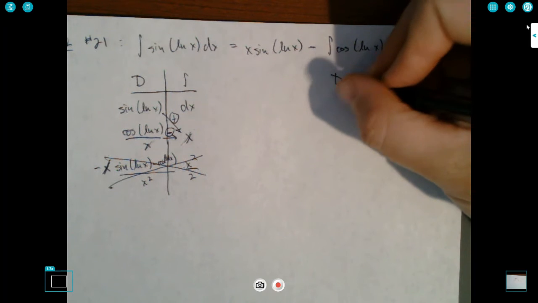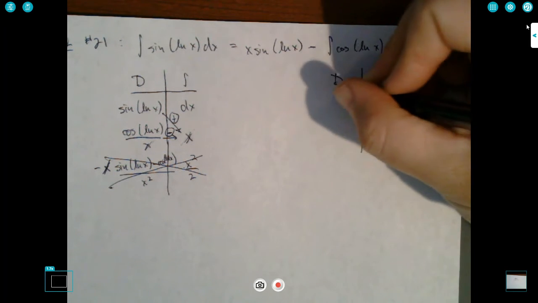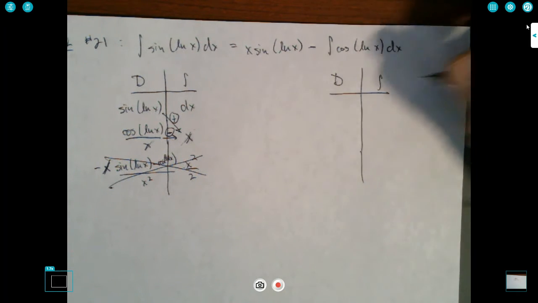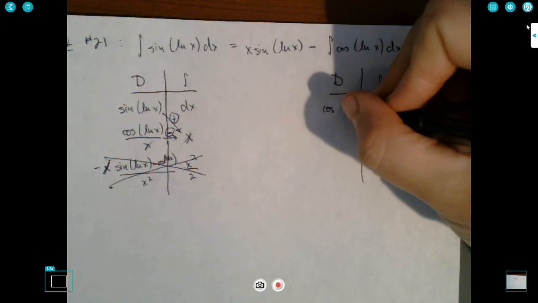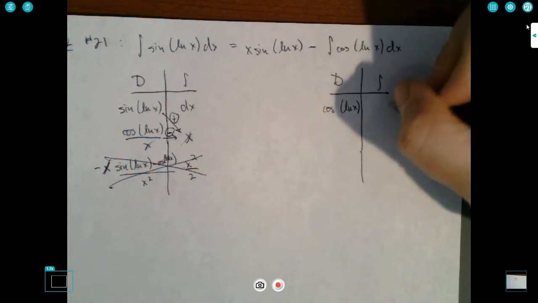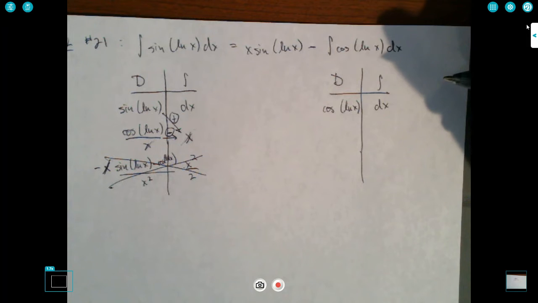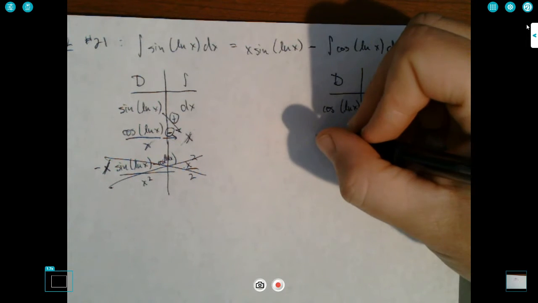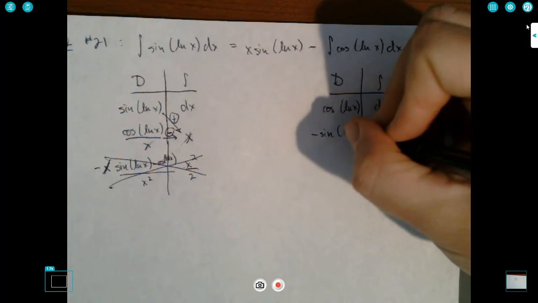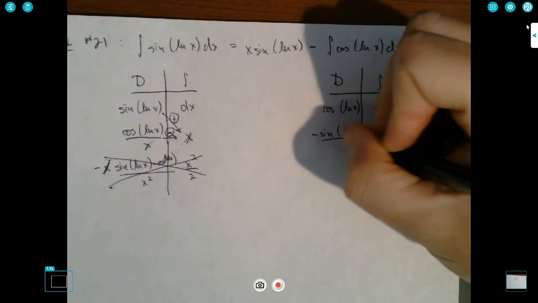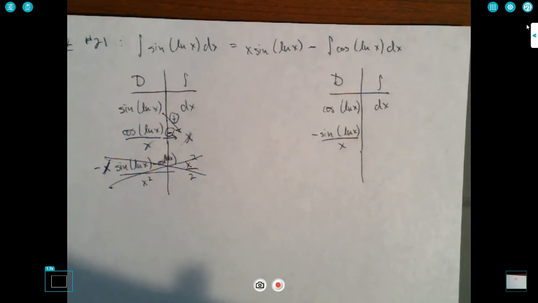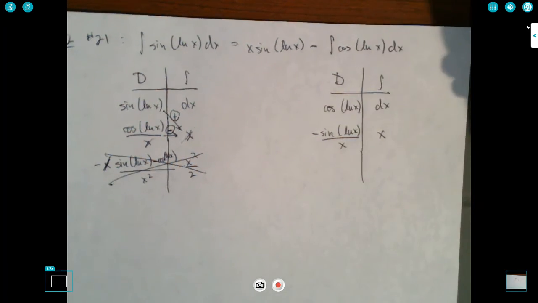So again, I'm kind of forced to have a cosine of ln of x here. And then if I differentiate, it's going to be a negative sine of ln of x times 1 over x. And this is going to be x.